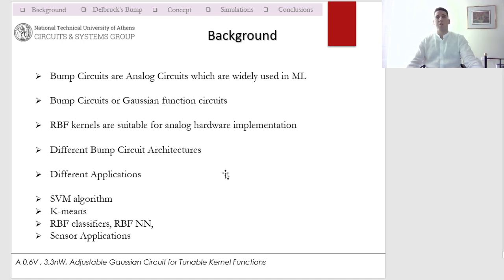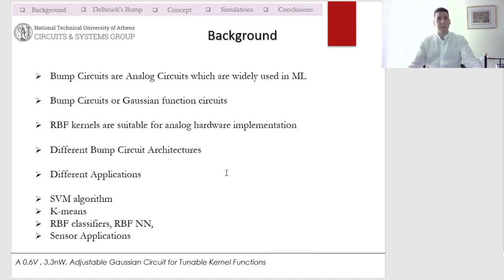The design of Gaussian function circuits generally aims at independent tunability of the Gaussian curve's three characteristics, which are height, center, or as it is called, mean value, and of course width. In addition, such circuits should be ultra-low power and low area, due to the fact that in system-level implementation of multivariate kernels or radial basis function neural networks with many neurons in each hidden layer, many bump cells have to operate in parallel fashion.